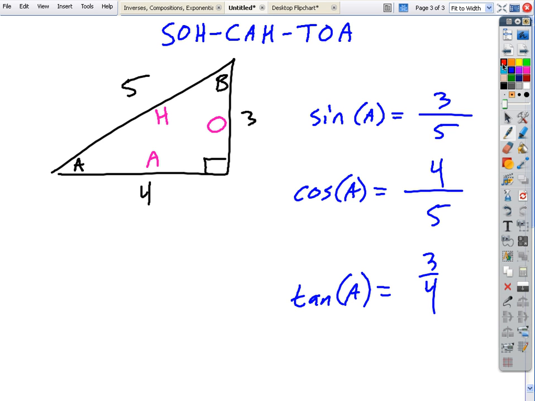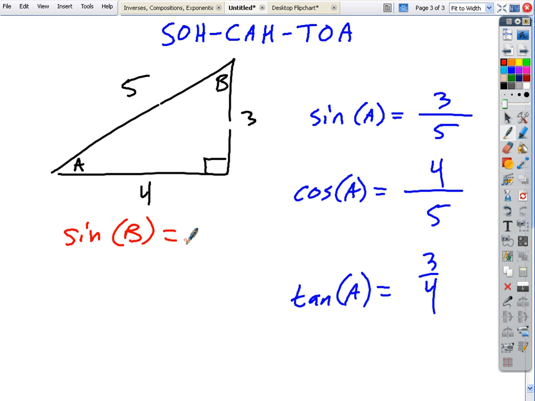Okay, now let's switch that around and let's talk about angle B. So if we're doing angle B, those are going to change, aren't they? So what's the sine of angle B going to end up being? 4 divided by 5, right?